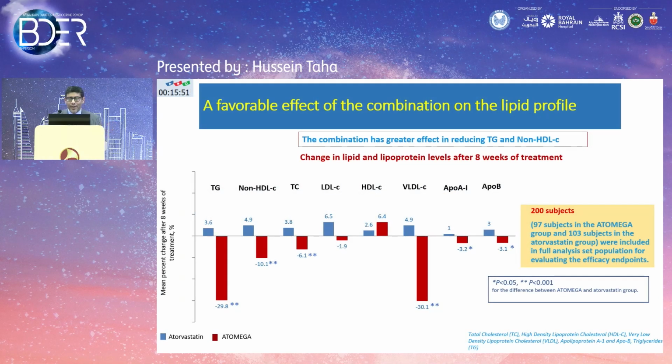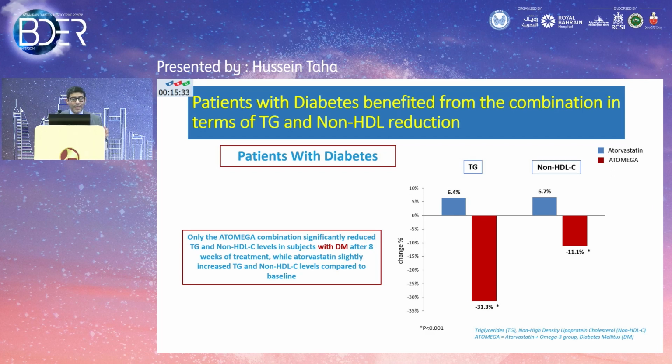So, a favorable effect of combination on lipid profile: all the atherogenic types are reduced, HDL is also somewhat raised, and sometimes to a small extent LDL is raised, but in very small meta-analysis. So, patients with diabetes benefited from combination in triglyceride and non-HDL. Adding omega-3 to atorvastatin, there was significant reduction of triglyceride and non-HDL.